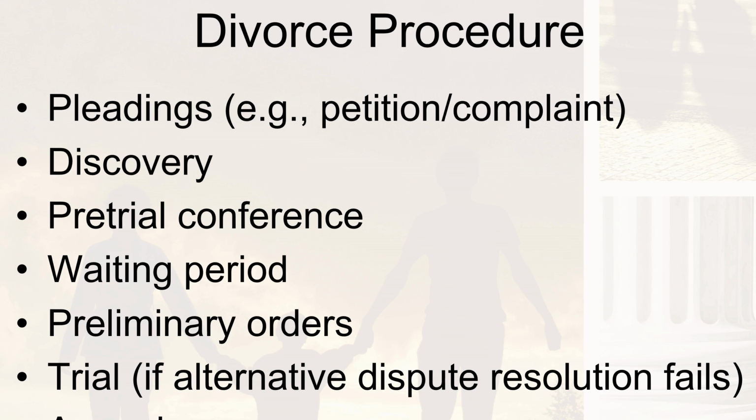So these are examples of preliminary orders that could be issued, particularly since divorces can be very time-consuming, and court calendars are often so crowded that it'll take months before the case is heard. This kind of covers major issues that need to be addressed right away while litigation is still pending.